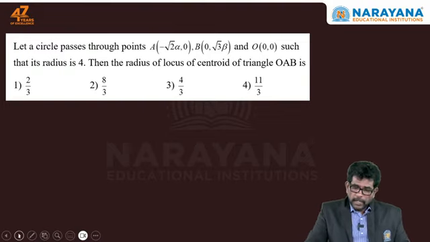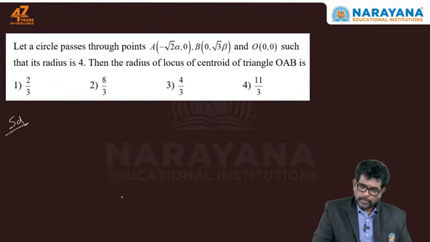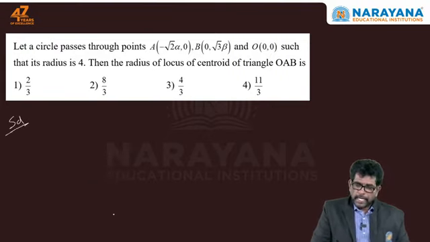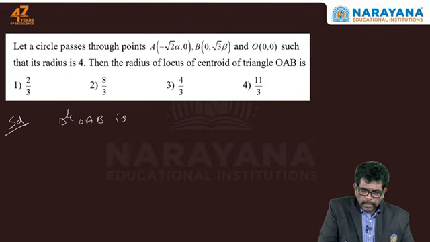So first of all, observing the points A, B and O: A lies on the x-axis, B lies on the y-axis, and O is the origin. That's why it is very clear that triangle OAB is a right angle triangle.